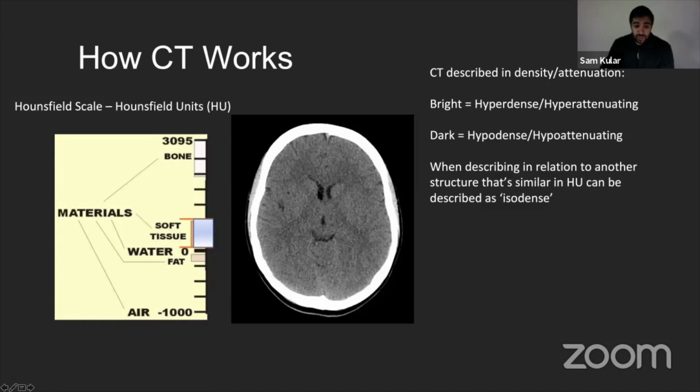We've put it on a soft tissue window so we can see the grey and white matter quite nicely, but what we see above that is basically everything above this orange line becomes white, the bone, and everything below becomes black. So everything from water to air is black. So the lateral ventricles, which are here, containing our CSF fluid, become black.